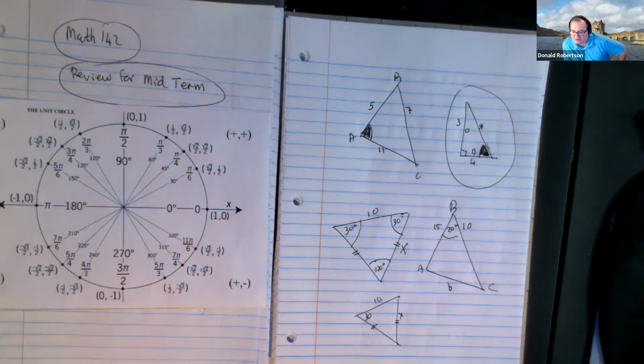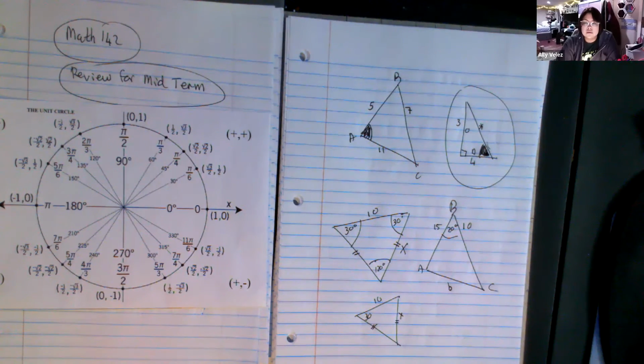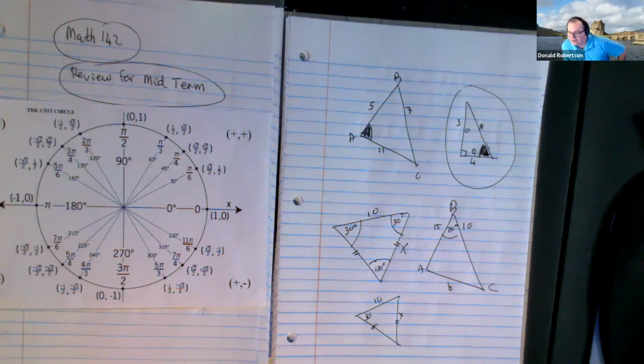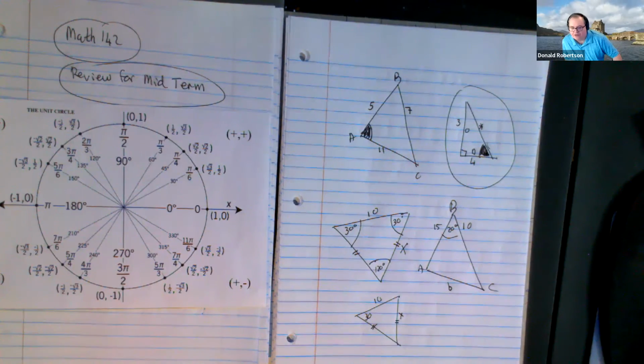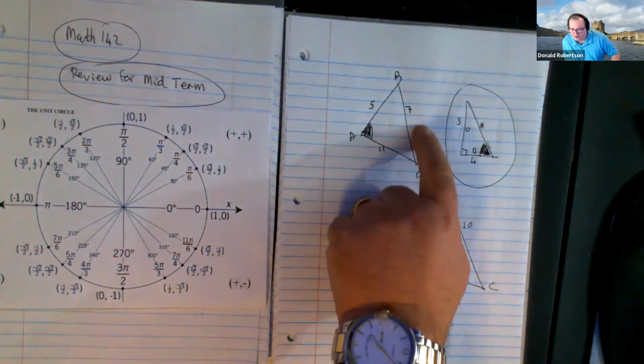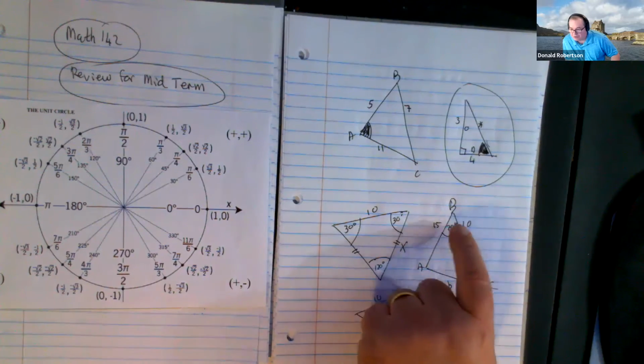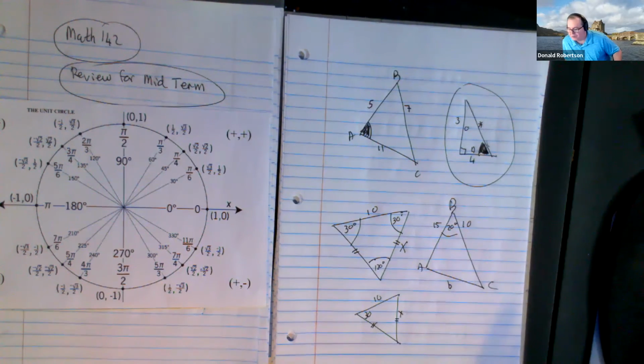Which one would it be? Sine rule or cosine? Correct. What was the clue? How did you know? You have two sides and an angle in between. Right. So try and remember that. Three sides, cosine rule. Two sides and an angle in between, cosine rule. Any other combination, if it's doable, is going to be a sine rule.